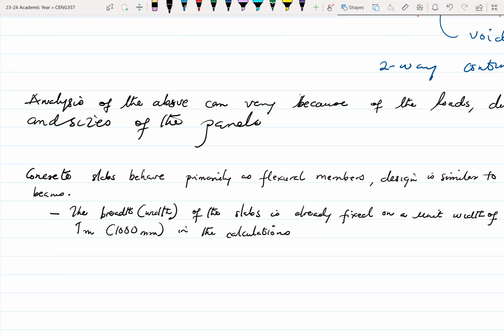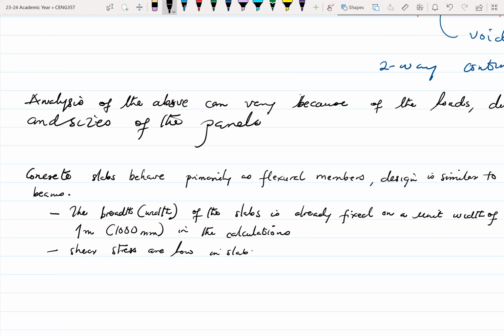And normally you would realize that because of the thickness of slabs, the shear stresses are usually low, very low. Shear stresses are low in slabs.